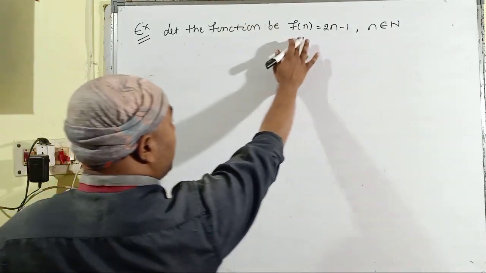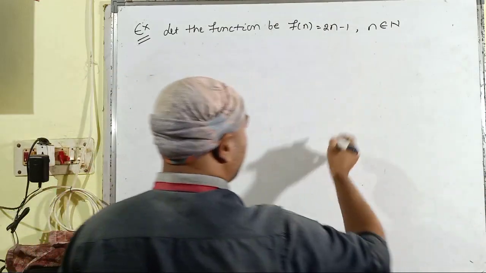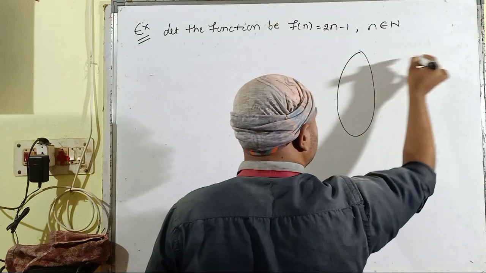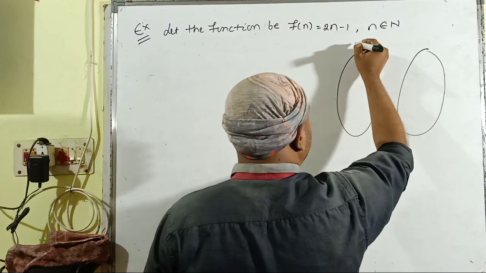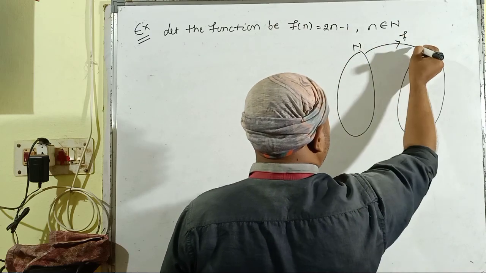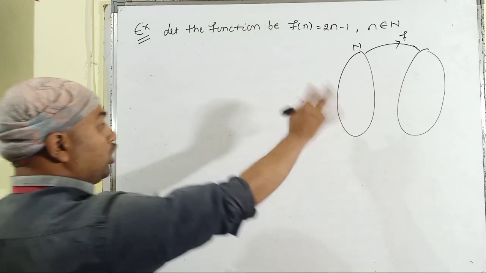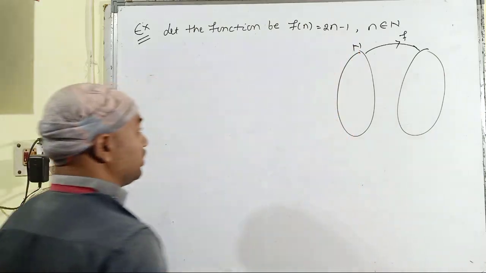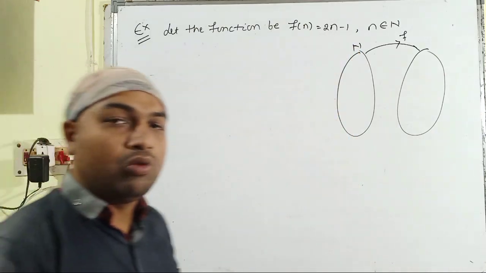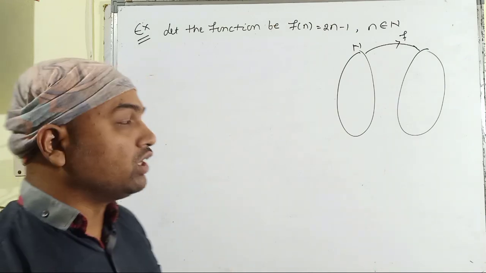Let the function be f of n equal to 2n minus 1, where n belongs to the set of natural numbers. It is a sequence because the domain is the set of natural numbers. But first of all, we have to find all the terms present in the sequence.